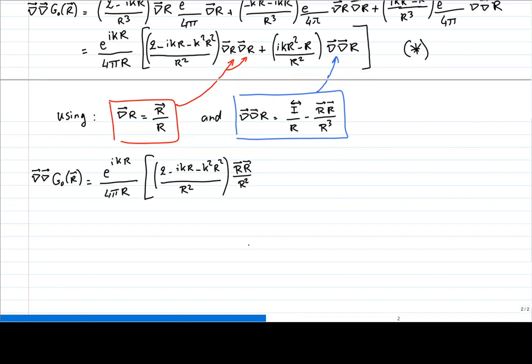So we take the outer product of r with itself over R squared. And then in the second part of the previous equation, the parentheses remain the same, and the last term is substituted by this more complex term where you have the unit tensor and the outer product of vector r with itself over R cubed.